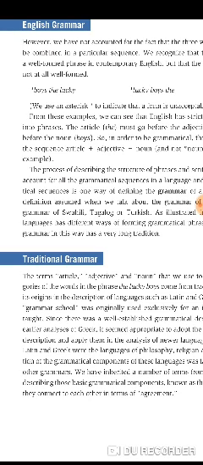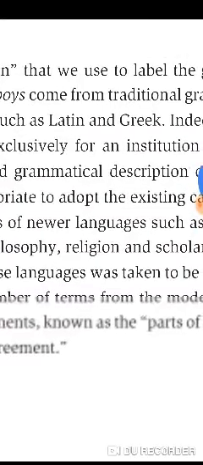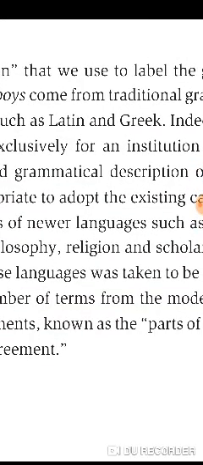So let us see what we see here. Traditional grammarians actually described two languages of Europe, something like Latin and Greek. First, actually, we had a grammar for Latin and Greek.